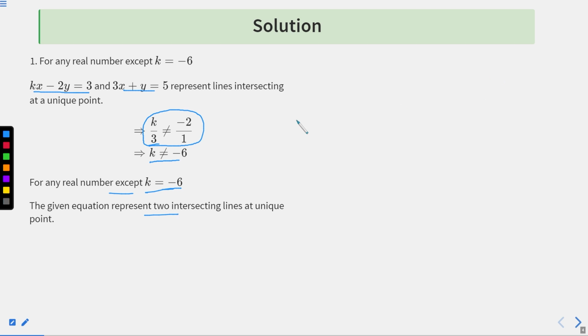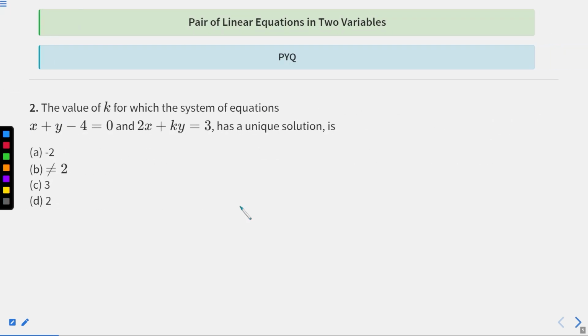Now I move to question number 2. Here we have to find the value of k for which the system of equations x plus y minus 4 equal to 0 and 2x plus ky equal to 3 has a unique solution. First, rewrite the given equations in the form a1x plus b1y plus c1 equal to 0 and a2x plus b2y plus c2 equal to 0.